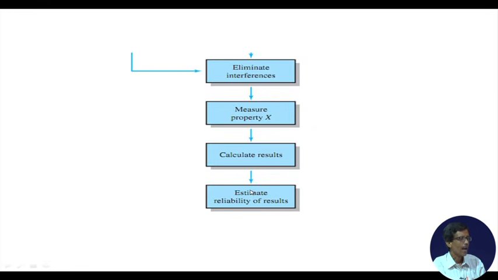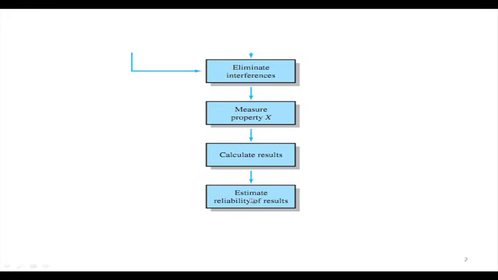We should not be happy with doing just one measurement, because errors are always there if we do not have a good calibration. So, we will also learn slowly what is called calibration. We can have the corresponding calibration curve, and how we can utilize this calibration to estimate the corresponding unknown quantity. So, reliability of the results will also tell us the corresponding estimation.